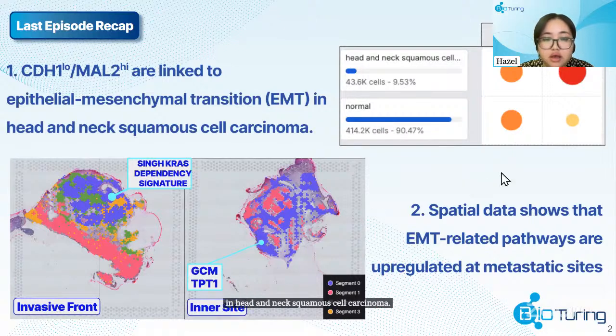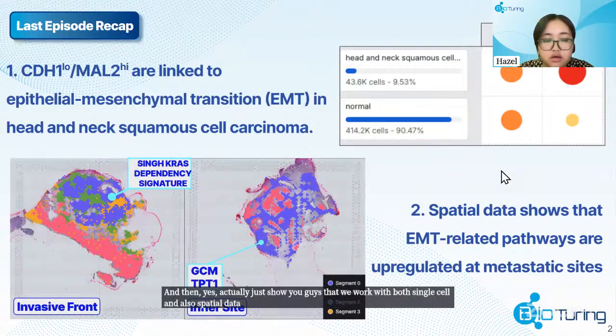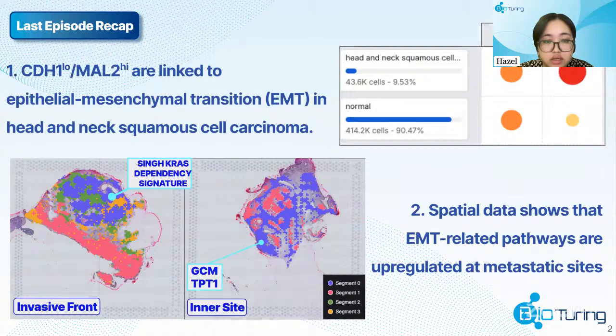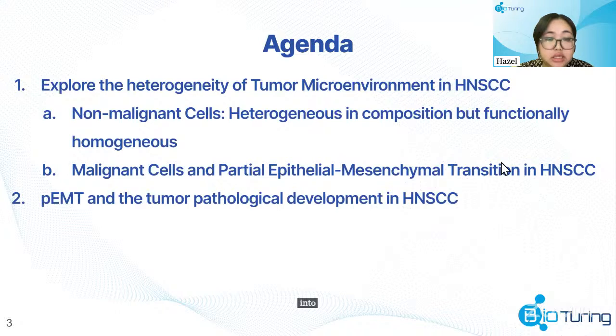We showed you that we work with both single cell and spatial data, where we introduced the characteristics of EMT. In today's session, we will dive further into what type of EMT we can see during the cancer, and we also dive into the cell type composition of the tumor microenvironment.